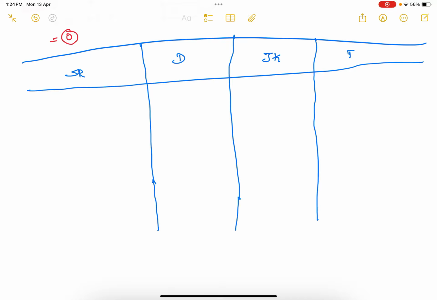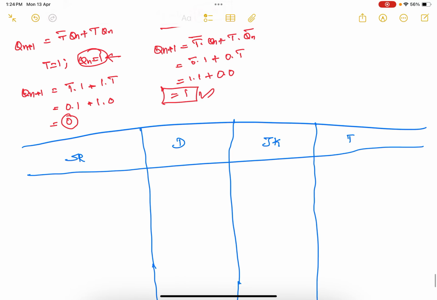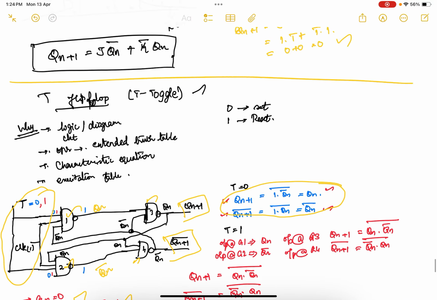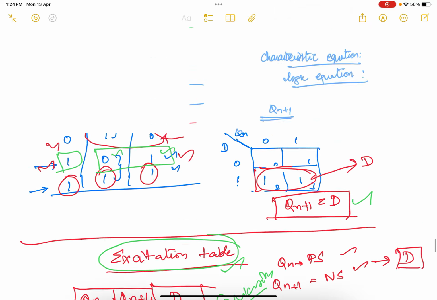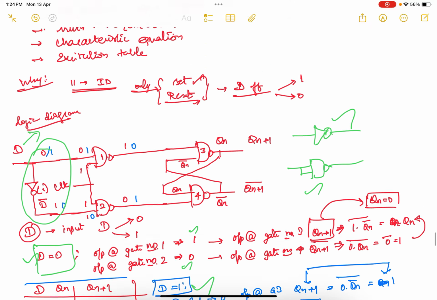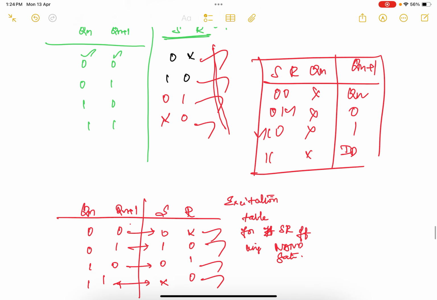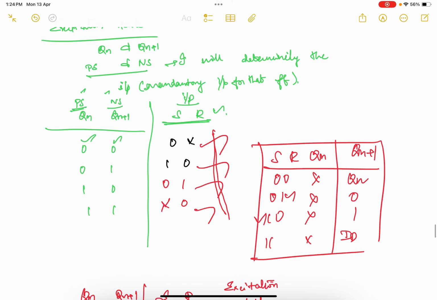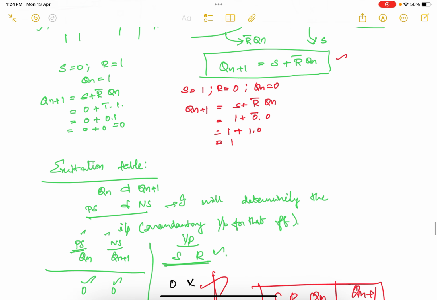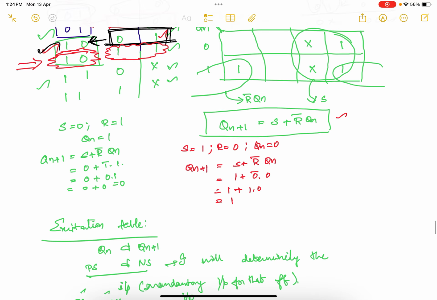When you talk about the SR flip-flop, we will make one consolidated table over here. In your SR flip-flop, what is the next state equation?